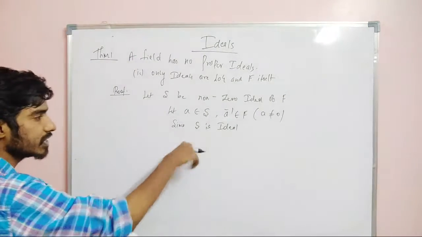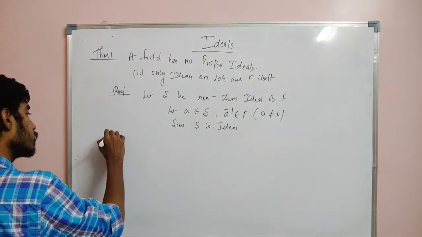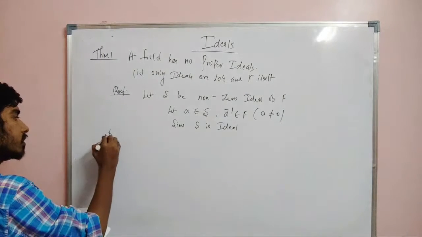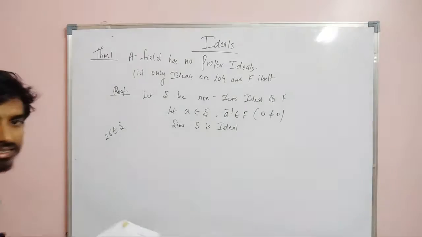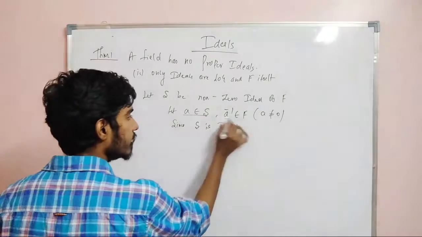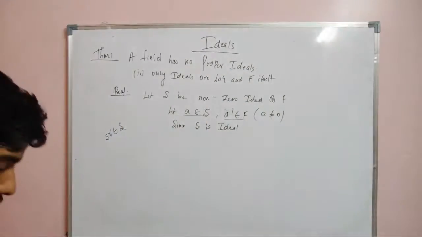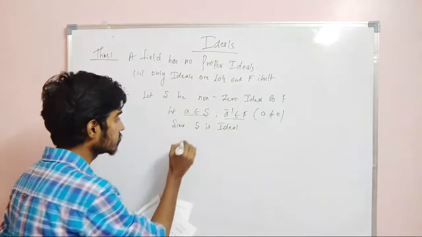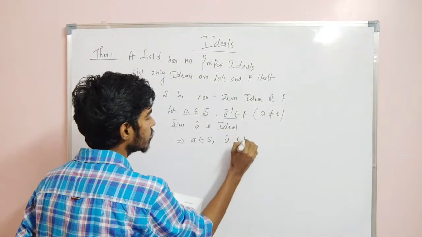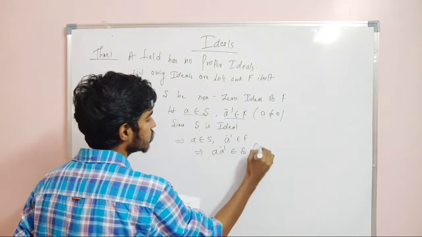That means S has to be a subgroup under addition, and if you take an element s in S and an element r in R, then r·s will be in S by definition of ideal. So I am taking an element a in S and a inverse in F. Can I say a times a inverse will be in S? So we have a belongs to S, a inverse belongs to F, so by definition I can write a times a inverse belongs to S.